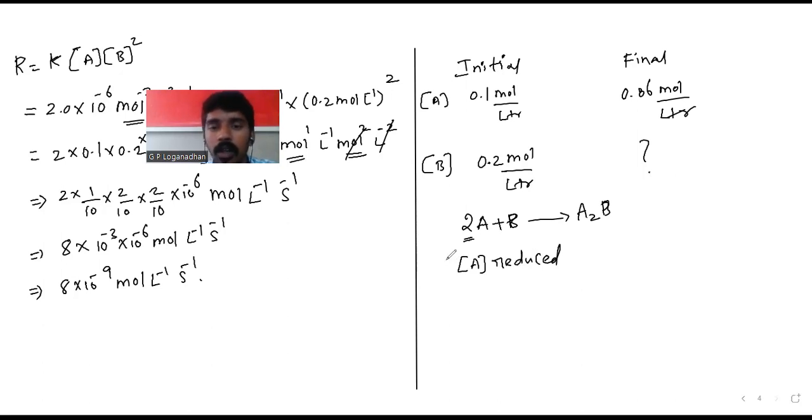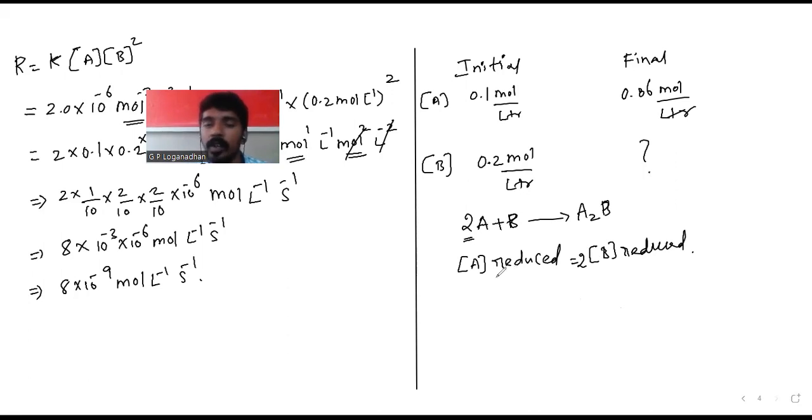Means the amount of A reduced will be 2 times the amount of B reduced.